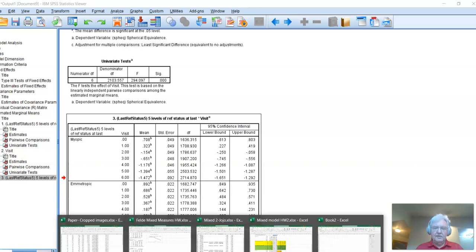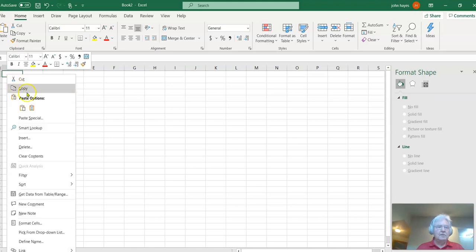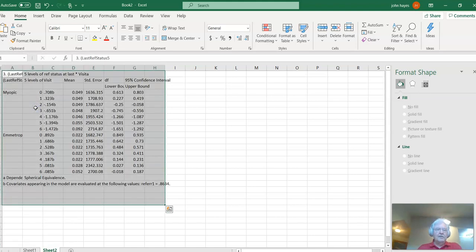I'm going to go to Excel. We're going to right-click and paste special, the second one, which gives us a non-formatted answer. And we need to do this for spherical equivalence, refractive error, peripheral refraction, and relative peripheral refraction.